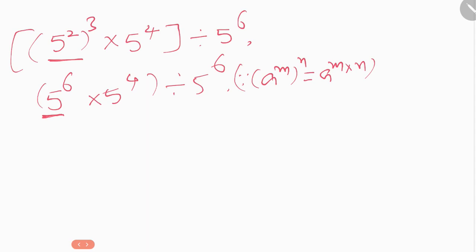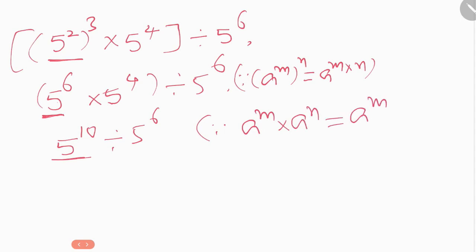Now coming to the second step, 5 power 6 into 5 power 4, how to multiply these two? Here we know the bases are equal, so I can write 5 power 6 plus 4, that is 10, 5 power 10 divides 5 power 6. Why am I writing 5 power 10 here?